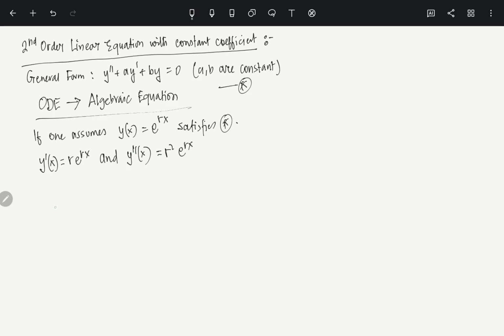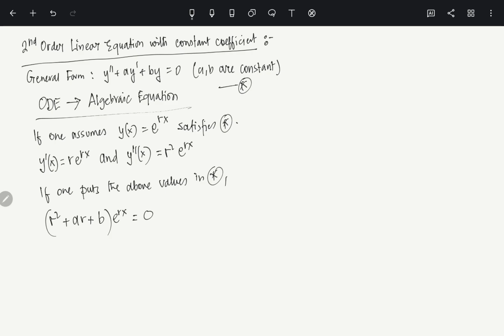Now if one puts the above values in star, what do we get? We get r square plus a r plus b, times e power r x, and this is equal to 0, right?